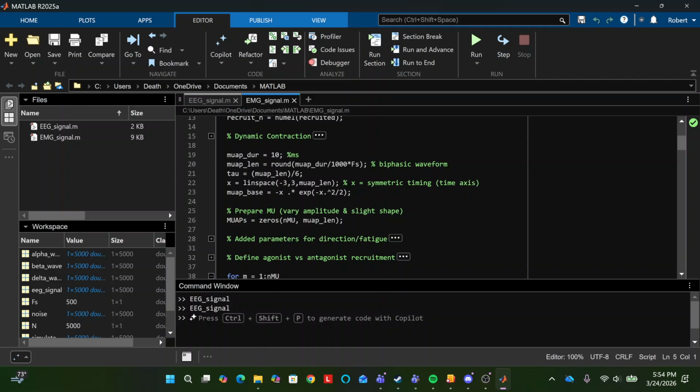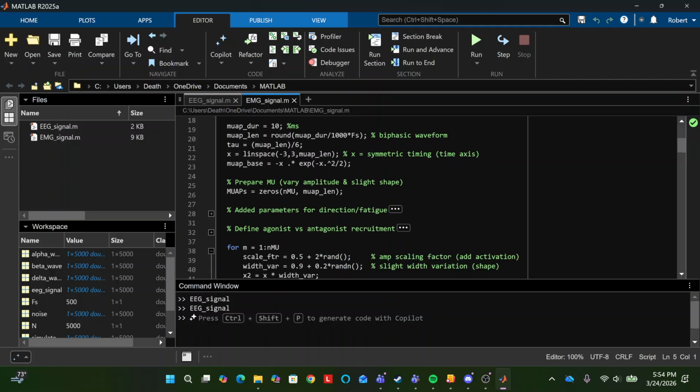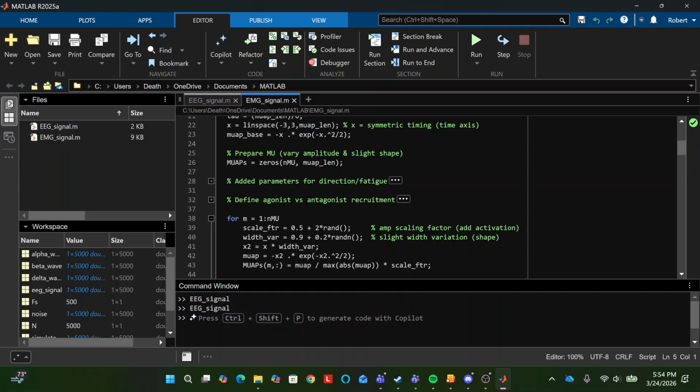Obviously, in calculation, we have a tau, we have an x, which is more for symmetric timing, and your timing axis, you have your basic waveform that you need, and then you have your baseline for your MUAP. And then you are going to prepare your motor units, varying amplitude and slight shape of them.